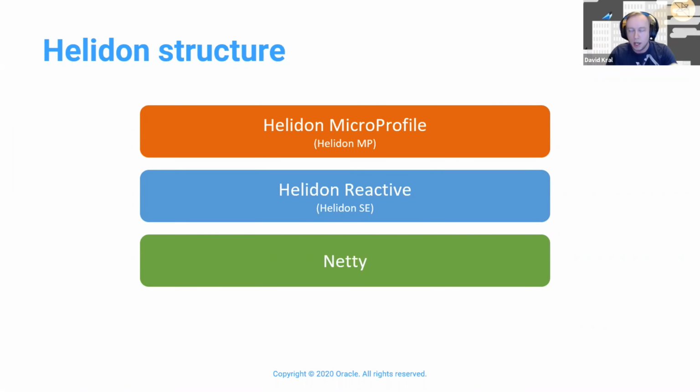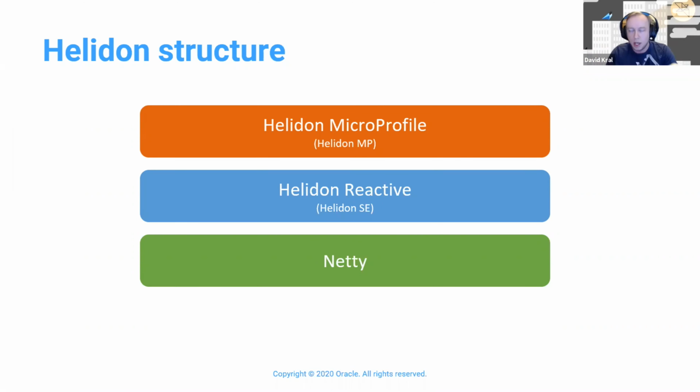So in this part of Helidon, there is also the magic. Both of these are based on Netty, so they are pretty fast and easy to use. I might also say that Helidon Reactive is based directly on Netty, and Helidon MicroProfile is based on Helidon Reactive.